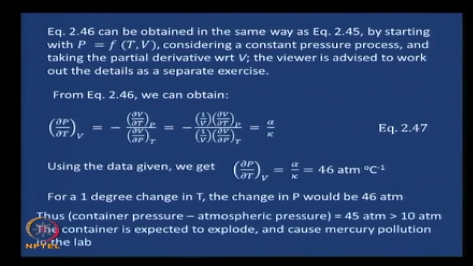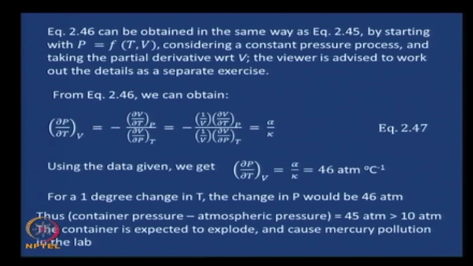The container pressure minus atmospheric pressure is 46 minus 1, that is 45 atmospheres. It is much greater than the 10 atmospheres that the container can withstand, and therefore, the container can be expected to explode and cause mercury pollution in the lab.